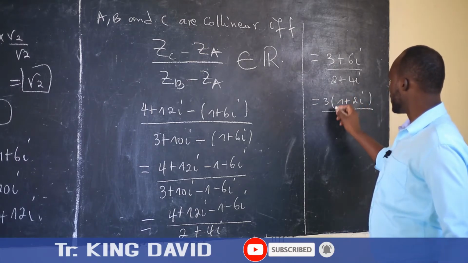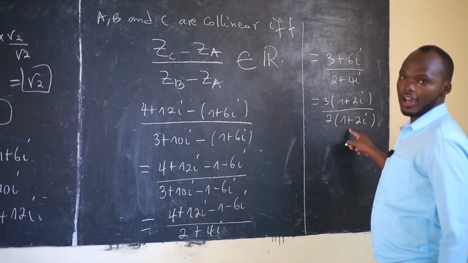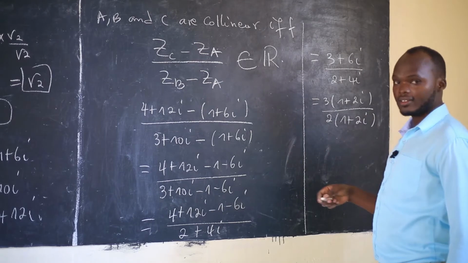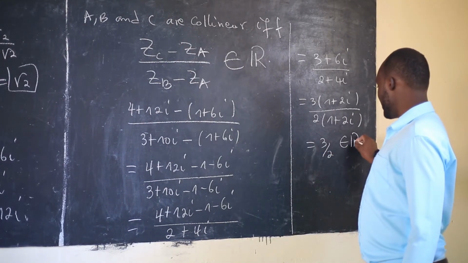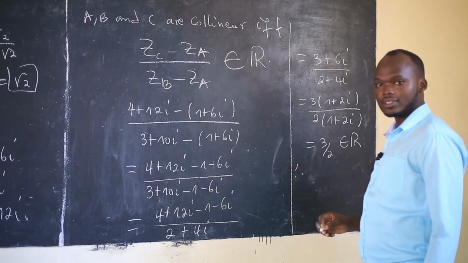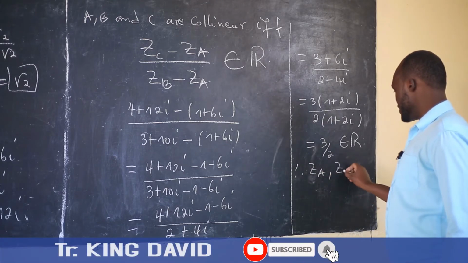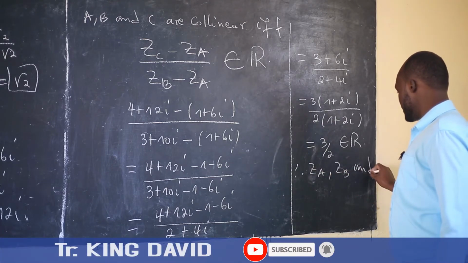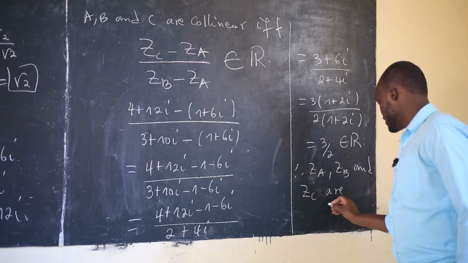We take 2 out of the bracket and remain with 1 plus 2i. You see this and this one are the same, they cancel each other. We remain with 3 over 2, which is a member of the real numbers. So therefore we say that ZA, ZB, and ZC are collinear points.